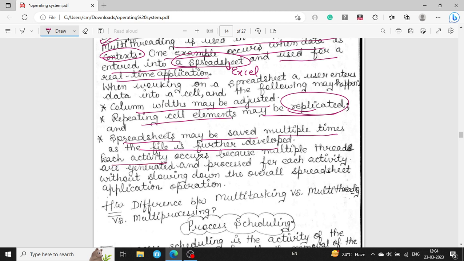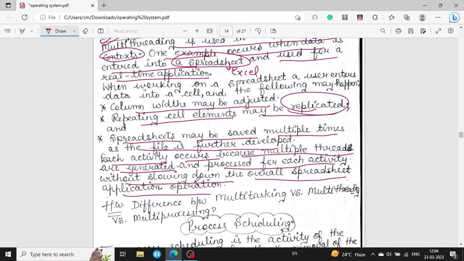Each activity occurs because multiple threads are generated and processed for each activity without slowing down the overall spreadsheet application operation. This is the example of multi-threading, in which I have given the example of a spreadsheet in which we are working in a cell.